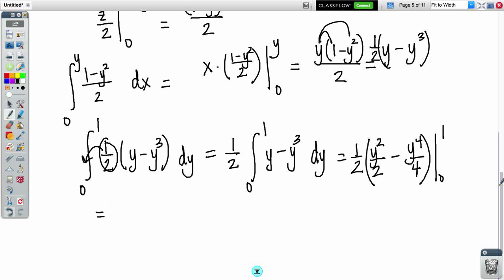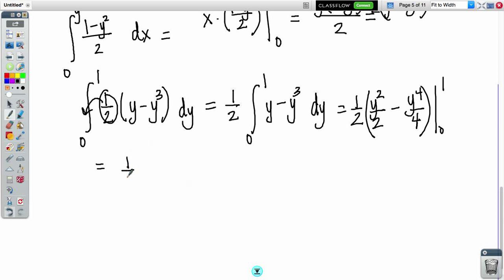Now the 0 kills it all off, so really I'm just going to plug in 1 into this entire thing, and this becomes 1/2 times 1/2 minus 1/4, which is 1/8, my final answer. 1/8 is not a unit of volume, it's going to be some sort of 4-dimensional unit, which we can't really visualize, but that is what it represents.